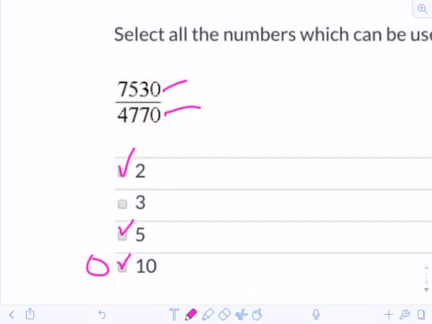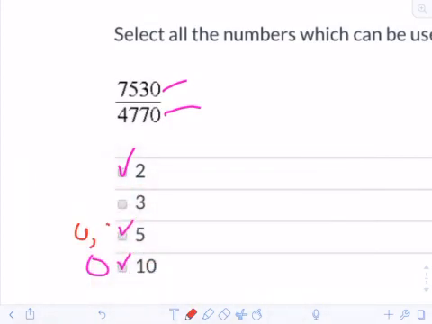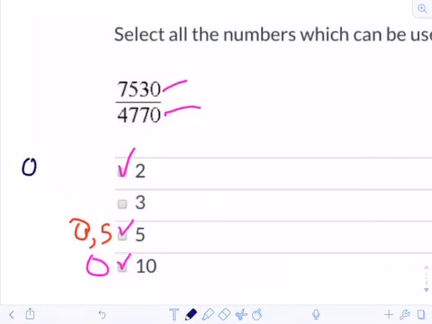Because 2 times 5 is 10. But if you don't get that, then take a look. 5 ends in a 0 or a 5, which this totally does. And 2 needs to end in an even number, like 0, 2, 4, 6, or 8, which this totally does.